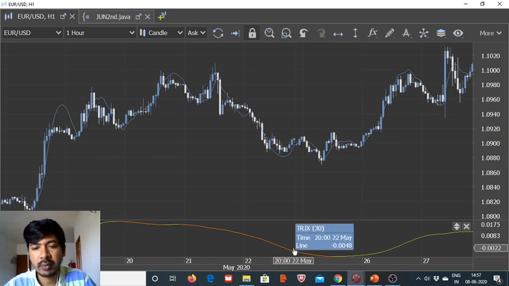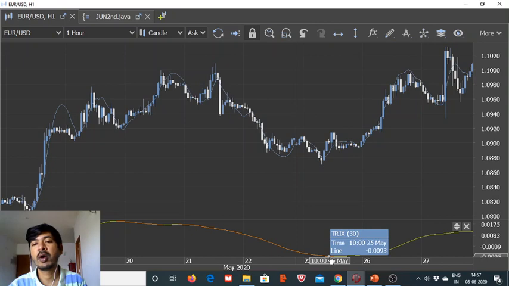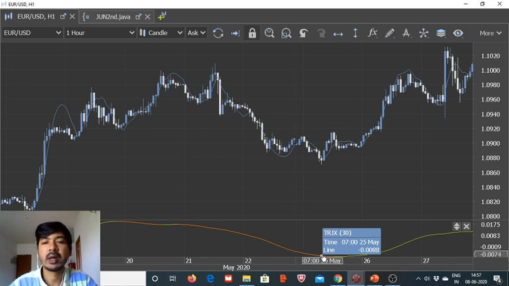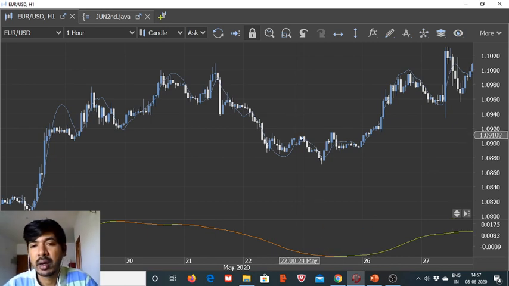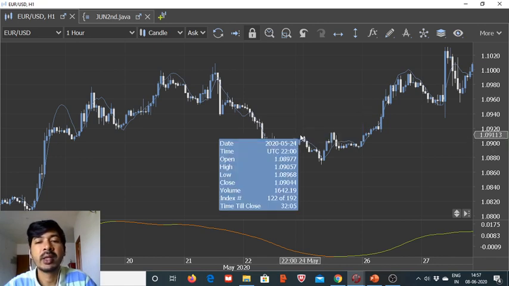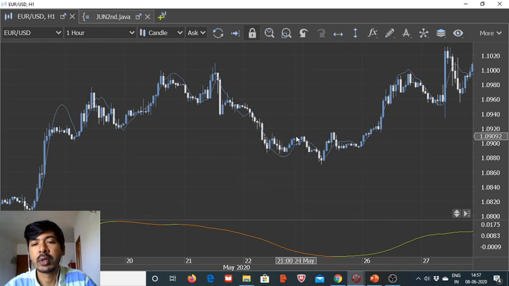For a sell trade, we will need the TRIX values in negative territory, and those values should be falling. And then the last hour's candle close should be below the TSF value, whereas the prior 3 hourly candles should have closed above the TSF.